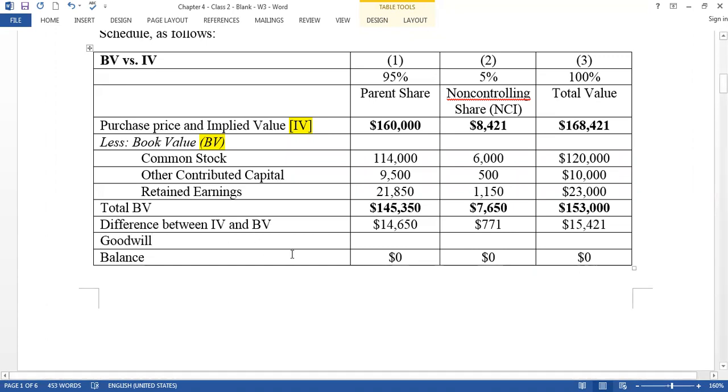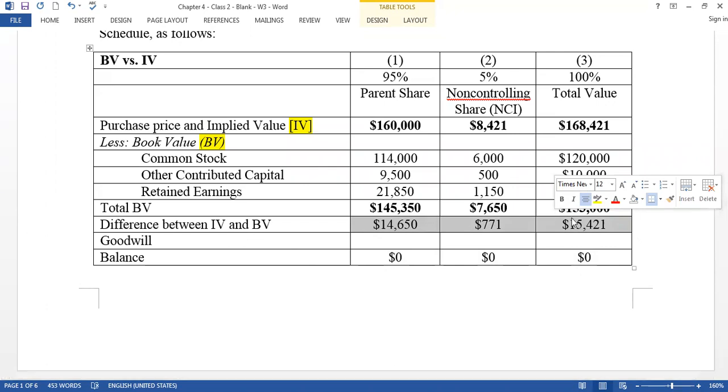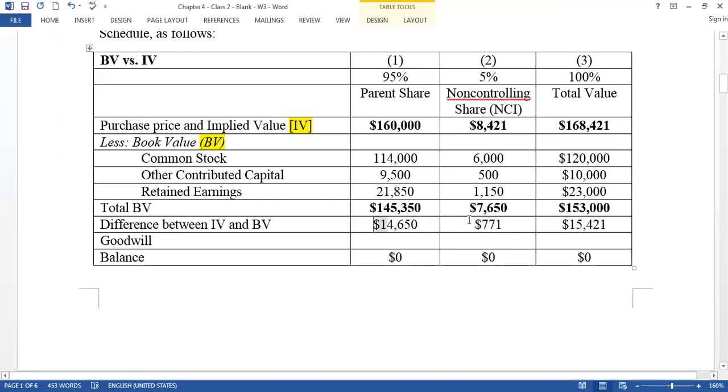Goodwill. Now, how to make the difference 0? This is positive at this moment. Why positive? Because implied value is higher, book value is lower, right? So this is positive. But maybe in another question this may be negative. Why may this be negative? Maybe book value is higher and implied value is lower. So be careful whether the difference is positive or negative. Here the difference is positive. Now we have to make this difference 0. How to make it 0? Just make it negative, right?